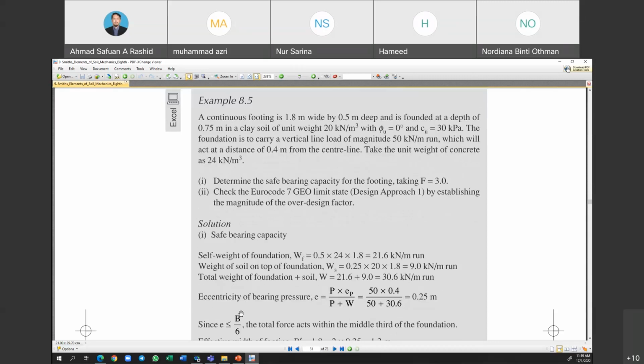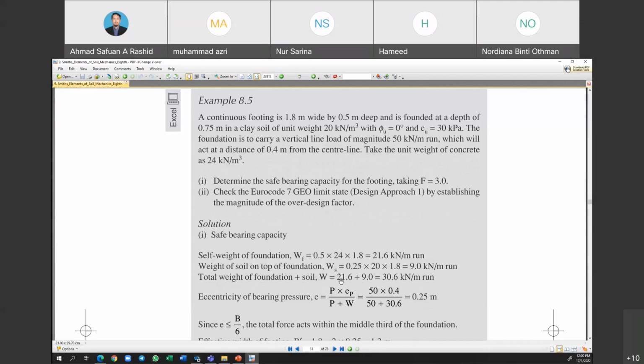The eccentricity of bearing pressure E is equal to P times EP over P plus W. So 50 times 0.4, where EP is the distance from the center, over 50 plus 30.6. So the E is equal to 0.25.